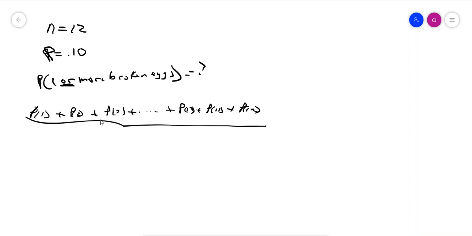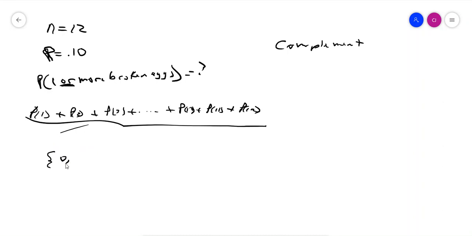Well, there's a lot of times when we can use the complement. So what's the complement to this problem right here? Now, in this case, how many broken eggs could there be in a carton?